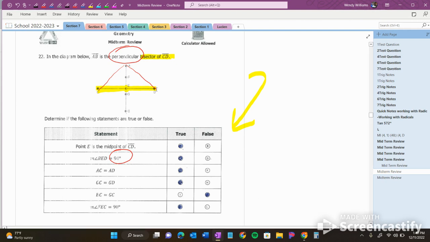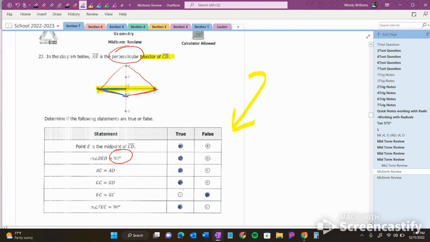From any point along those pieces are congruent. But look at EC. EC is here to here. GC is here to here.